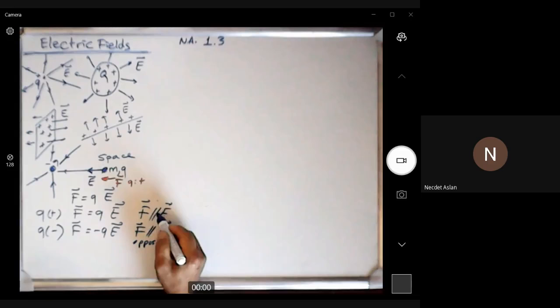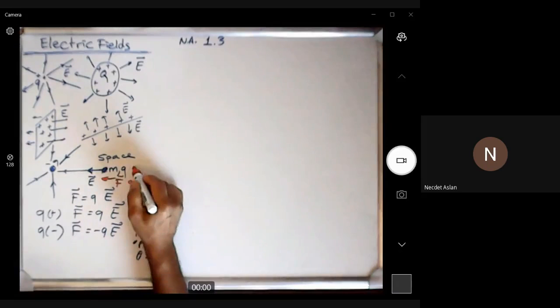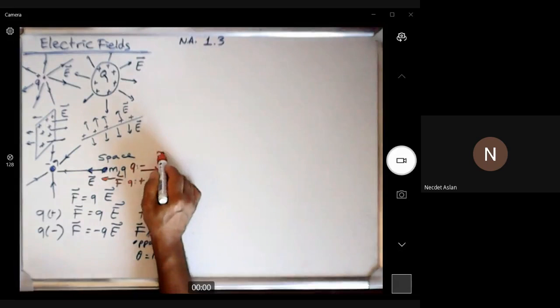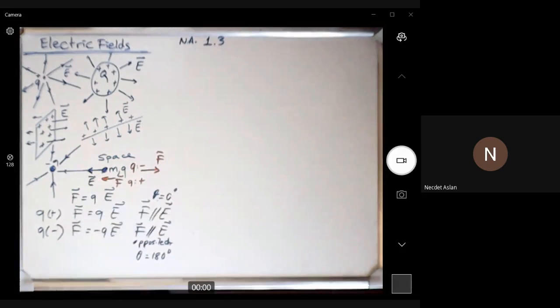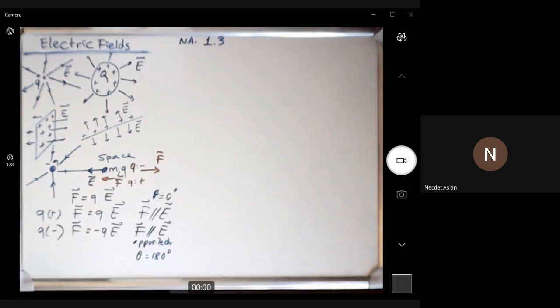So the angle between the force and the electric field vector will be 0 degrees here, but here theta will be 180 degrees. So for negative charges, suppose this Q is negative, then the force is this way, opposite to the electric field, okay?